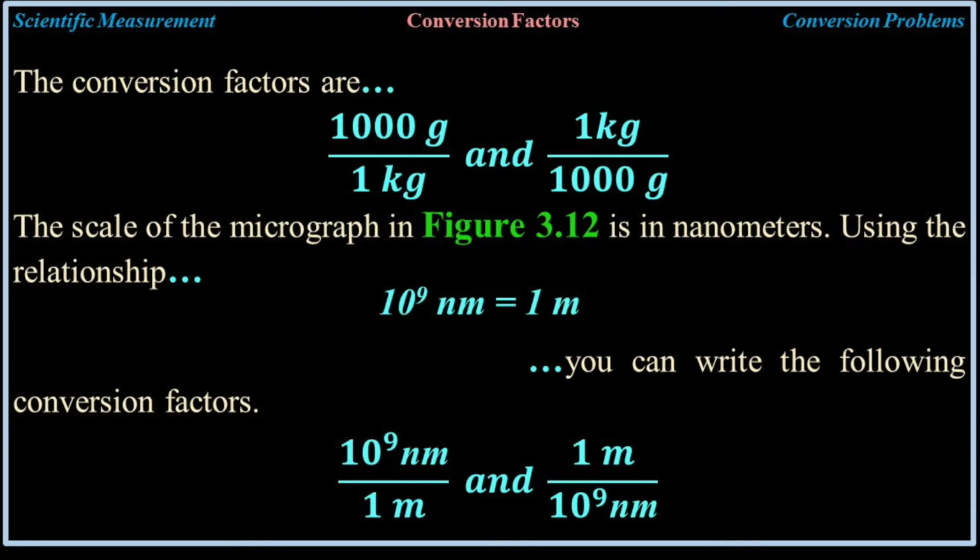The scale of the micrograph in figure 3.12 is in nanometers. Using the relationship 10 to the ninth nanometers equals 1 meter, you can write the following conversion factors: 10 to the ninth nanometers over 1 meter, and 1 meter over 10 to the ninth nanometers.